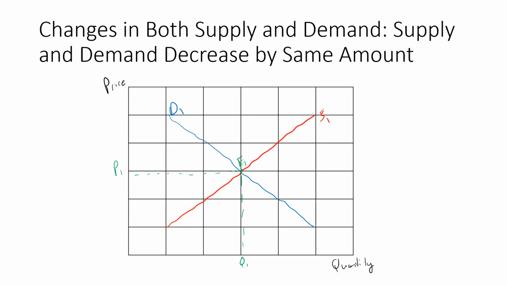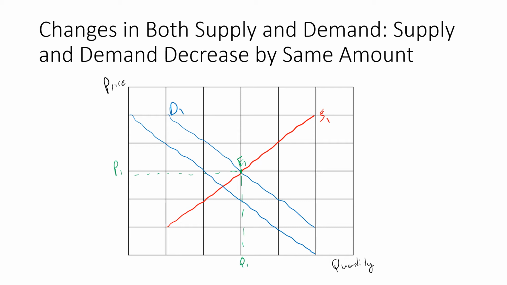So our hypothetical here, we didn't even know what the product is, is what happens when demand and supply both decrease by the same amount. Let's start with demand. A decrease in demand is going to be a shift to the left. So I'm going to draw a new blue line. These grids help me demonstrate that this is a shift of basically one grid line.